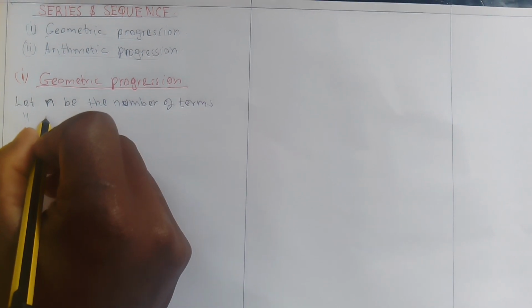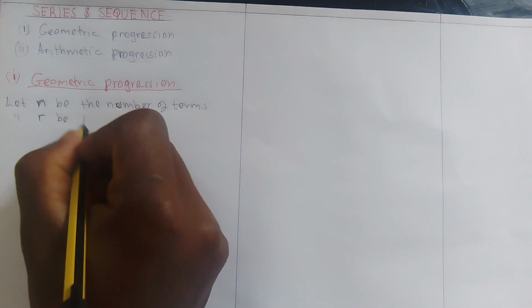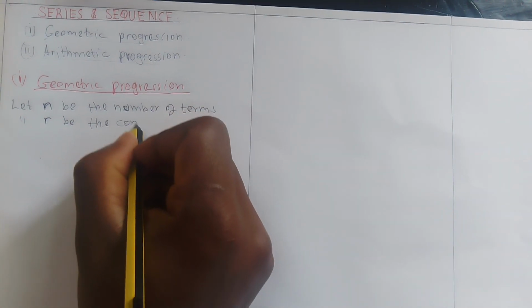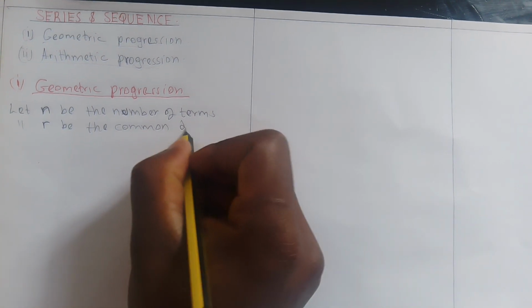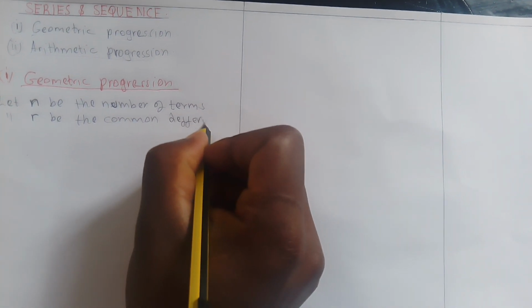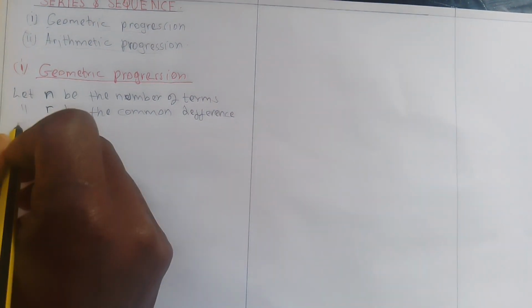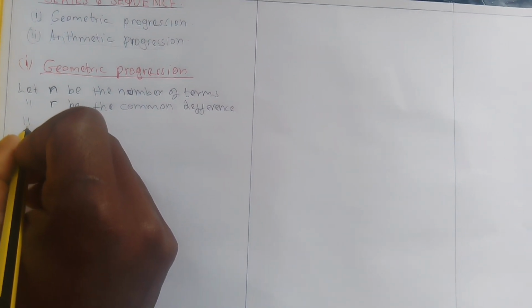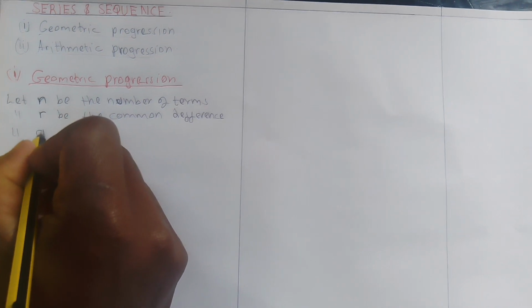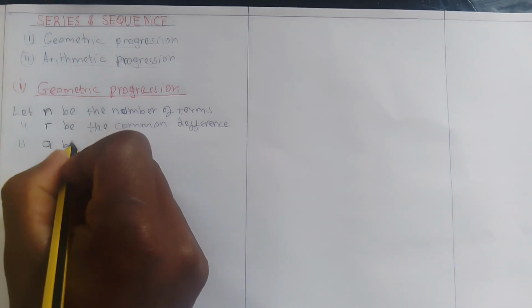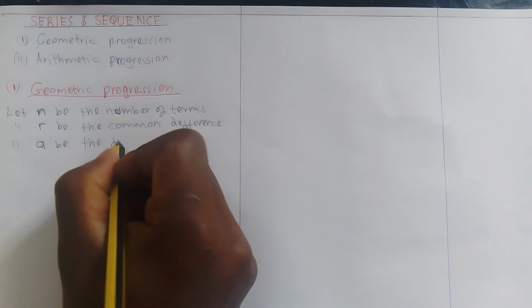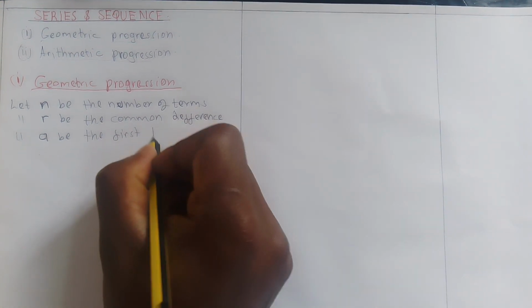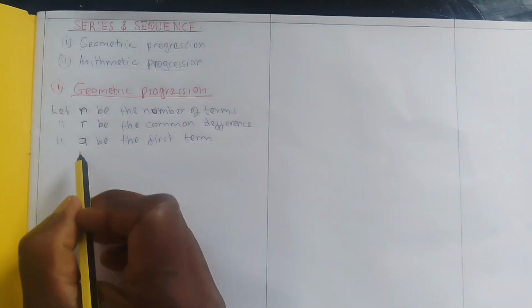Then let r be the common ratio. And finally, let a be the first term. Now, let's explain what you mean by these three letters, n, r, and a.